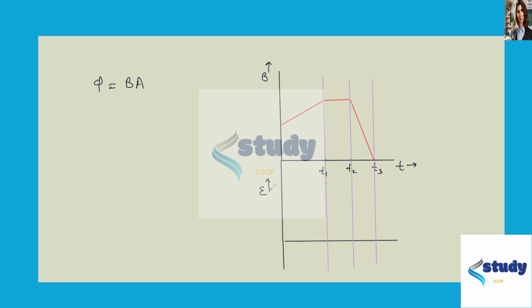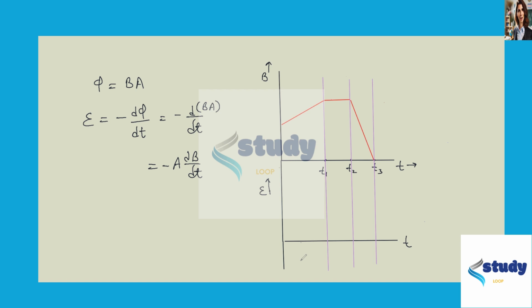Now, in the second curve, we have to show a relation between induced EMF and the time. So, according to Faraday's laws of electromagnetic induction, induced EMF is given as the negative of the time rate of change of magnetic flux, or we can say this is the negative of the time rate of change of B multiplied by A. So, as the area will remain constant, this is negative of A times dB by dt, and dB by dt is nothing but the slope of the curve.